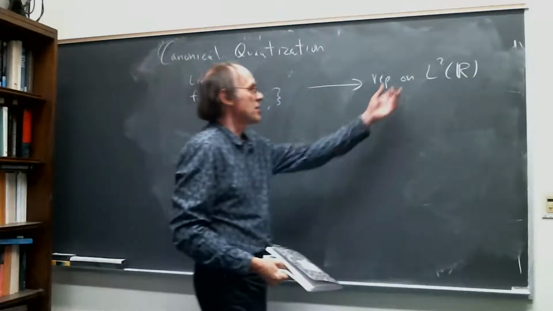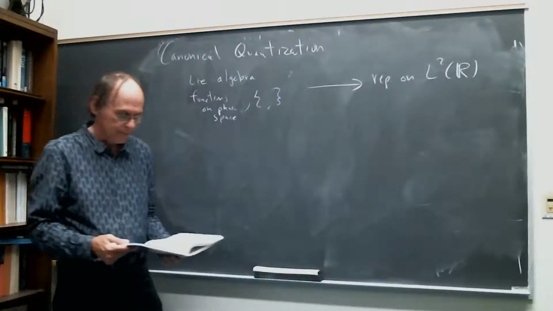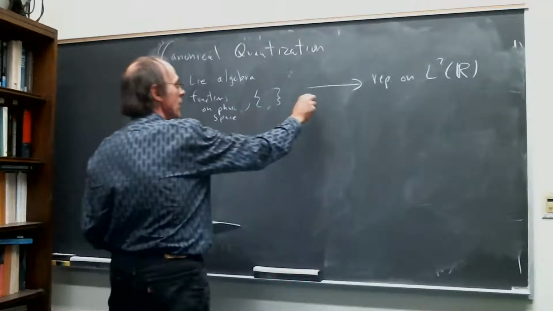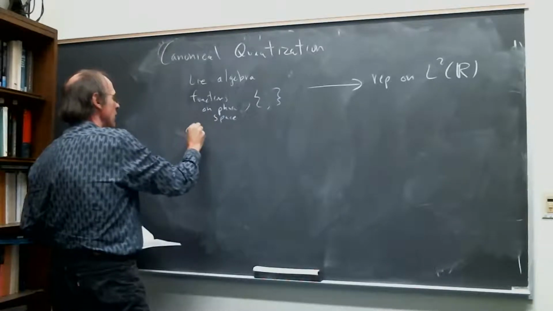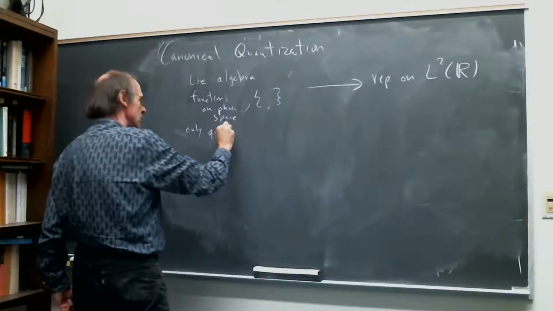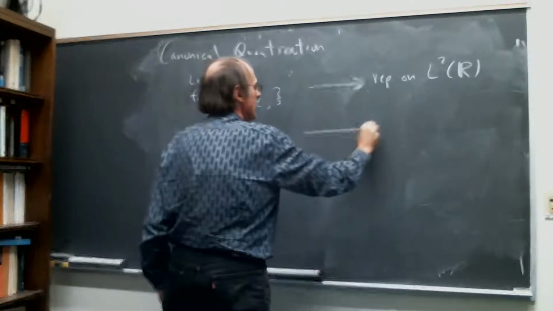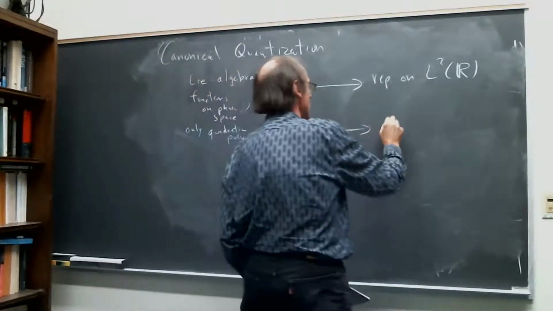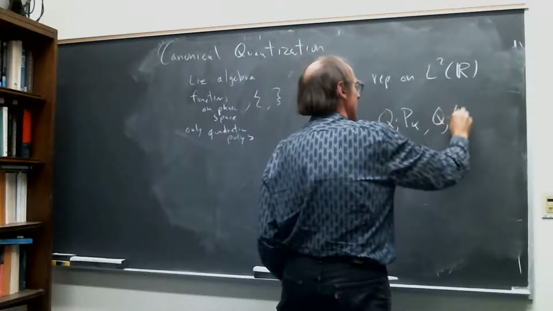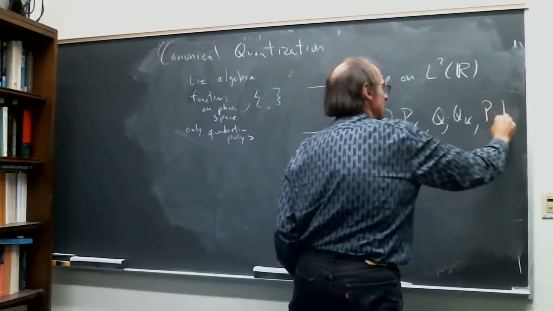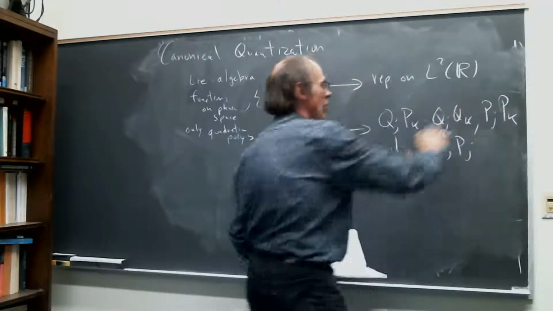Let's take it on L2(R), so let's think of this representation as on wave functions of Q or P. It actually only works for quadratic polynomials, and these go to the operators Q_j, P_k, Q_jQ_k, Q_jP_k, P_jP_k, and 1. So you have all of these operators.